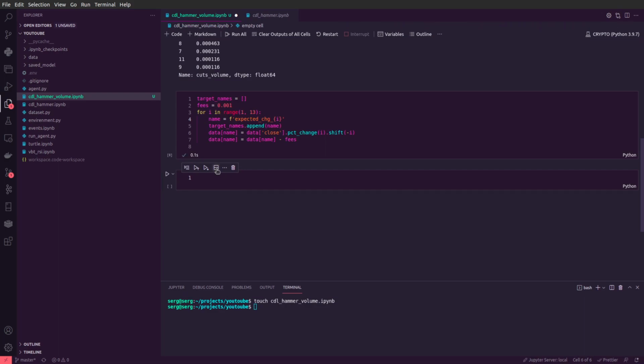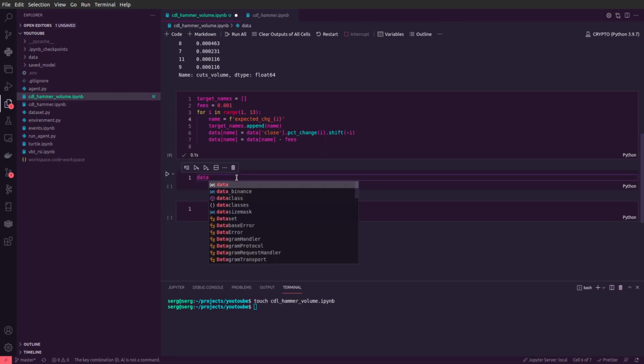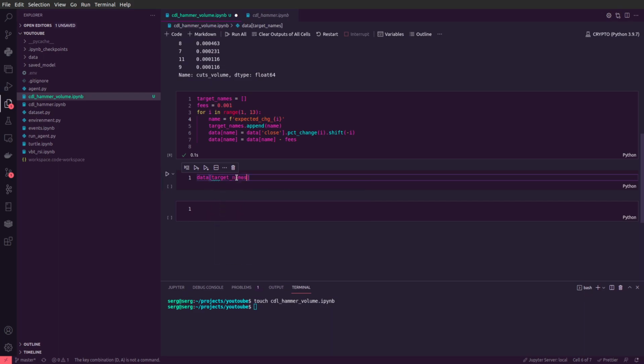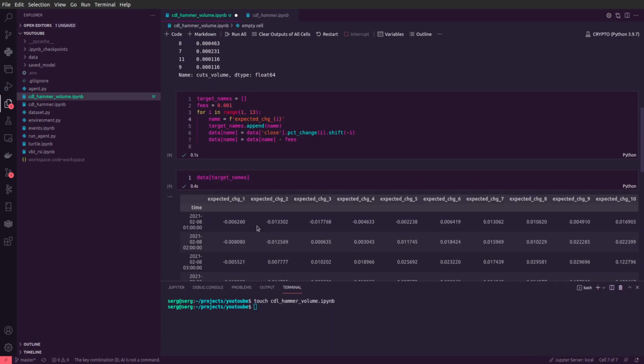Let's do it. Let's see what it is. Target names. This is our expected price change after 1 hour, after 2 hours. Okay, it's clear.